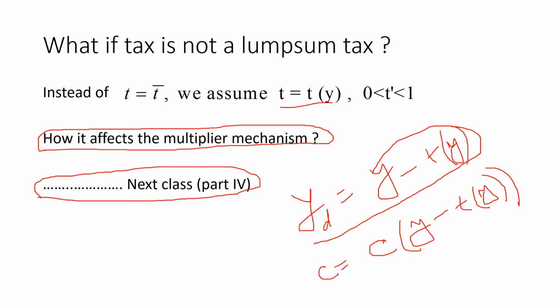So the basic understanding is there, and we know them clearly, but we just want to change functional forms a little bit, and then see how it is going to change our understanding of the multiplier, if at all. That we will discuss in the next class. That is part 4, and possibly that is going to be the last one in this series, the SKM multiplier series.